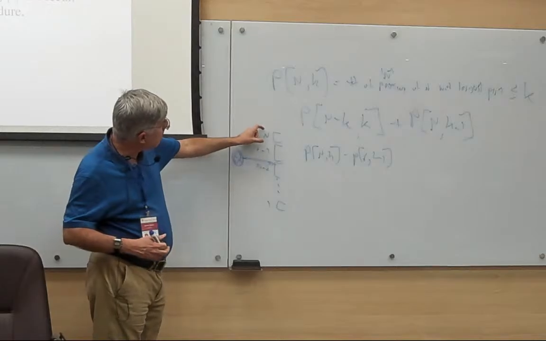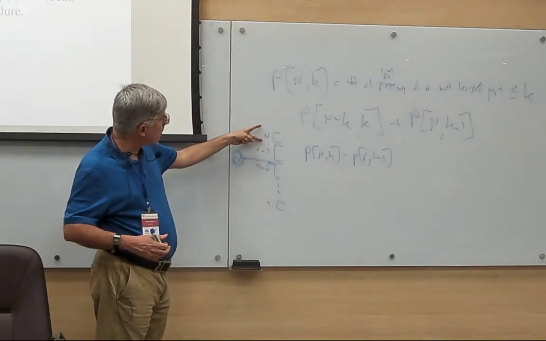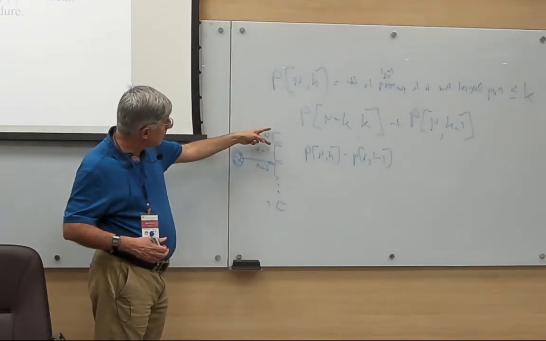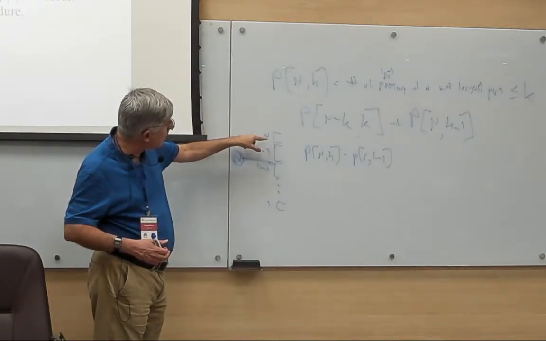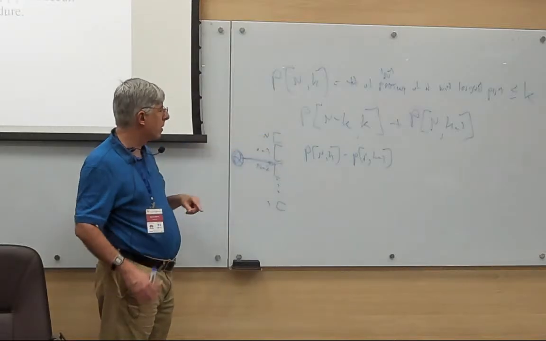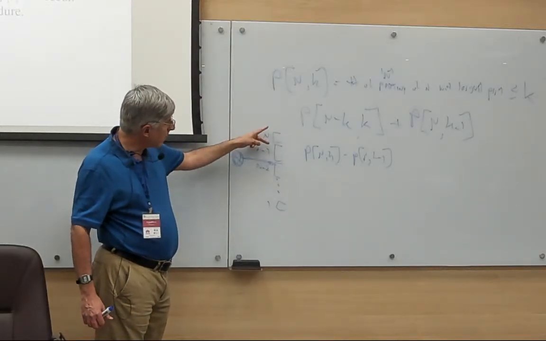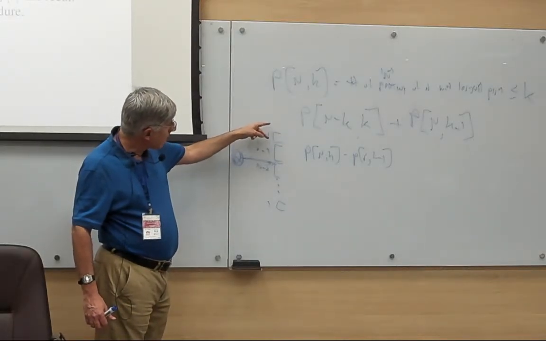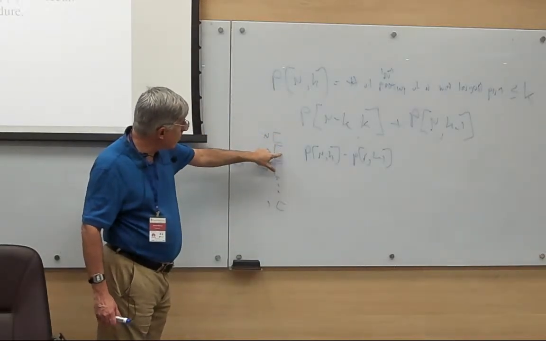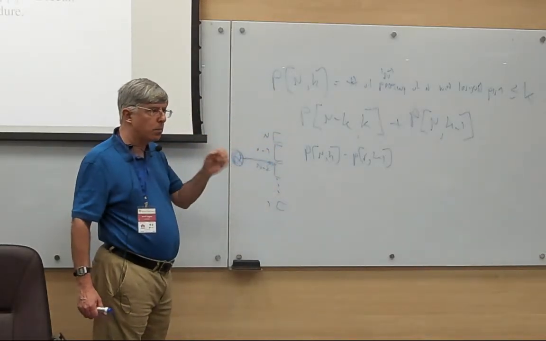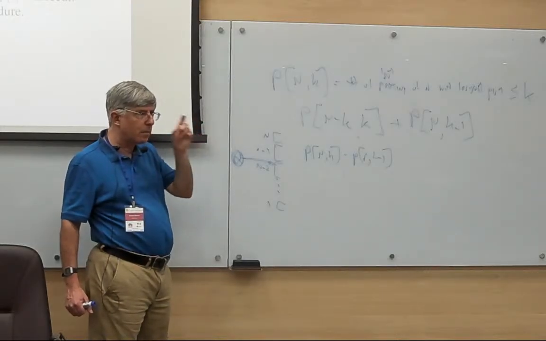If I sum up the number of partitions with largest part n, this ranges from 0 to the number of partitions with largest part n minus 1. So this is actually going to be 1. But in general, what do I know? My partitions appear in blocks. I know the number of partitions in each block. Each block has the same largest part.